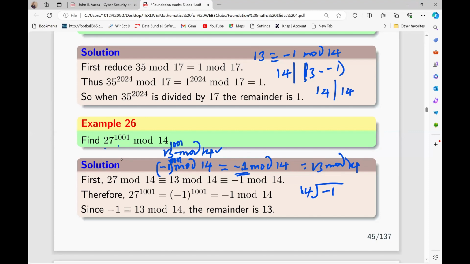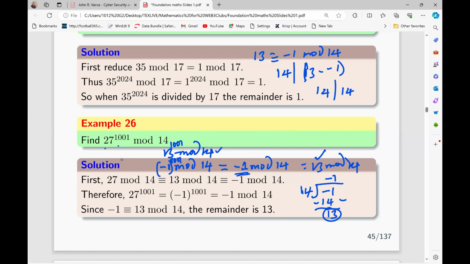I take the next whole number, which is 1, give it a negative sign, multiply that negative 1 by 14, get negative 14, and then subtract, get 13. That's what I have here.